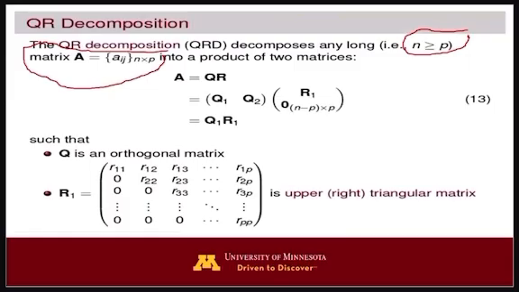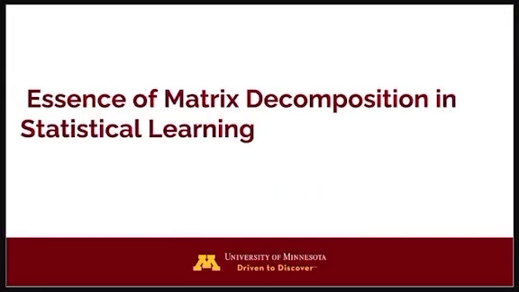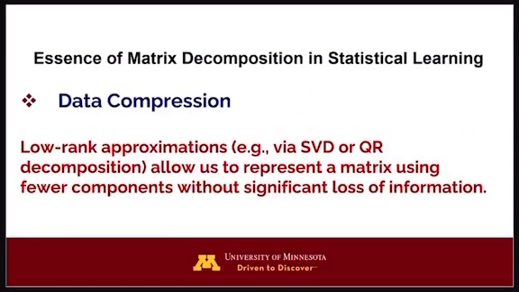Very useful. So that is data compression. It allows us to represent a matrix using fewer components without significant loss of information. Look at that: without significant loss of information, which means we have loss of information, but not significant.